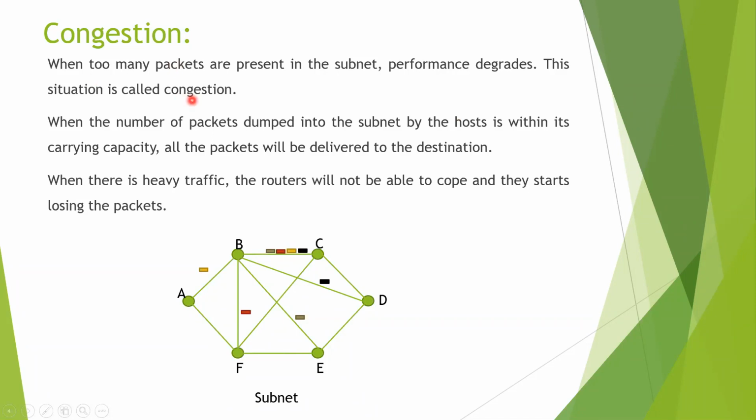Now, when packets are sent into the subnet by the hosts, this is what is called dumping. Within this, if the carrying capacity of the channel is less, then traffic arises.